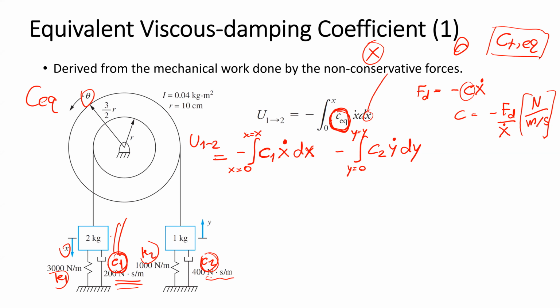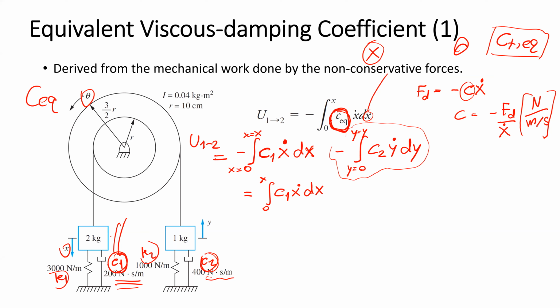So for the linear case, the integral from 0 to x of C1 x dot dx, can we write the second term in terms of x?